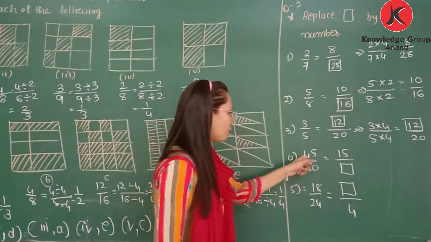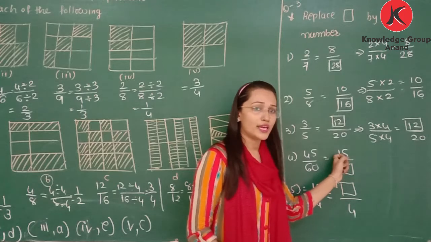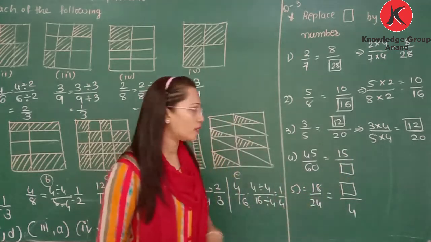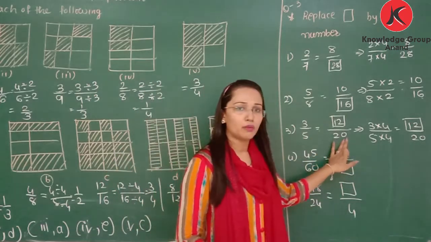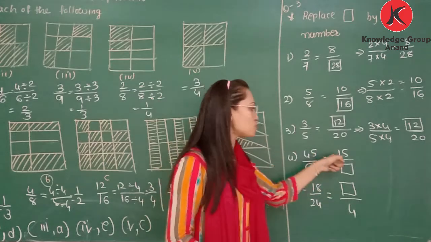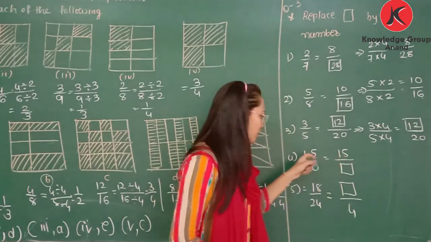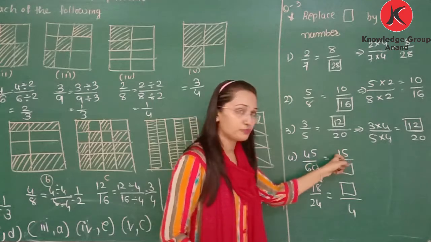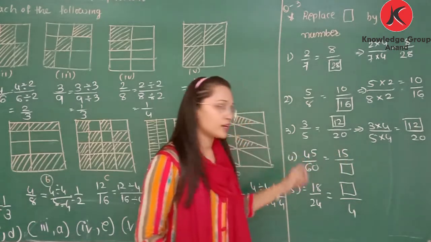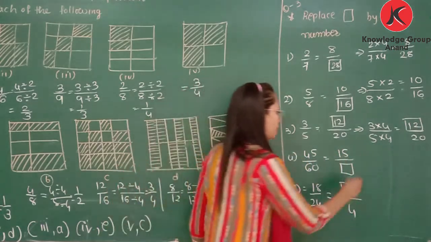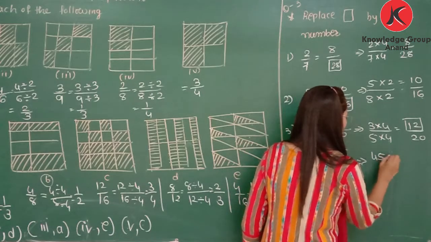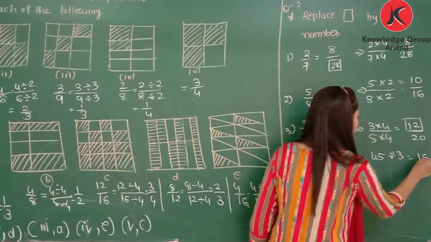Now 45 to 15. I already explained that whenever you need to convert a smaller number to a bigger number, we should multiply, and bigger to smaller we should divide. Now here, how can we get 15 from 45? If we divide 45 by 3, we get 15.